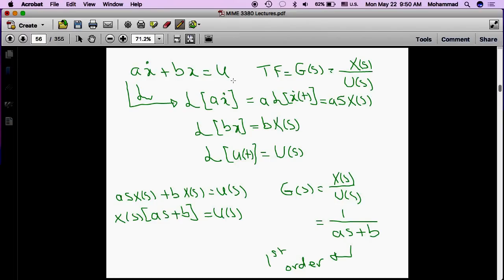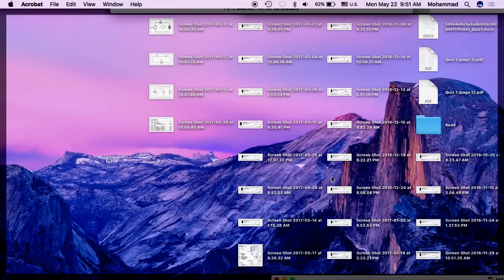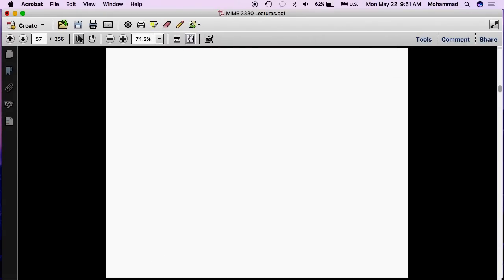So are you ready for another practice? This time, I'm going to ask you to transform this standard form. Do you remember we had a standard form? The standard form was this: T x dot plus x equals u over b. Do you remember that?